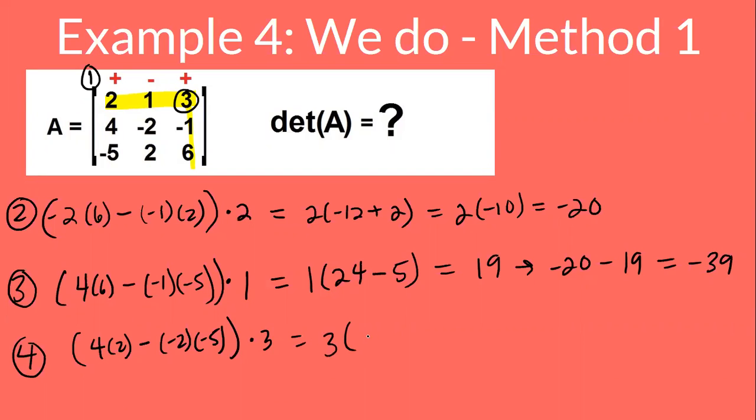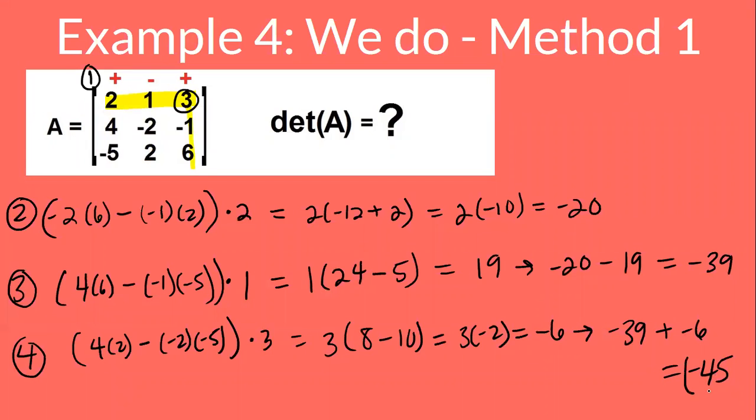That gives me 3 times 8 minus 10, which equals 3 times -2, which equals -6. And it says add that to what you got in step 3. So -39 plus -6 equals -45. And that's your determinant.